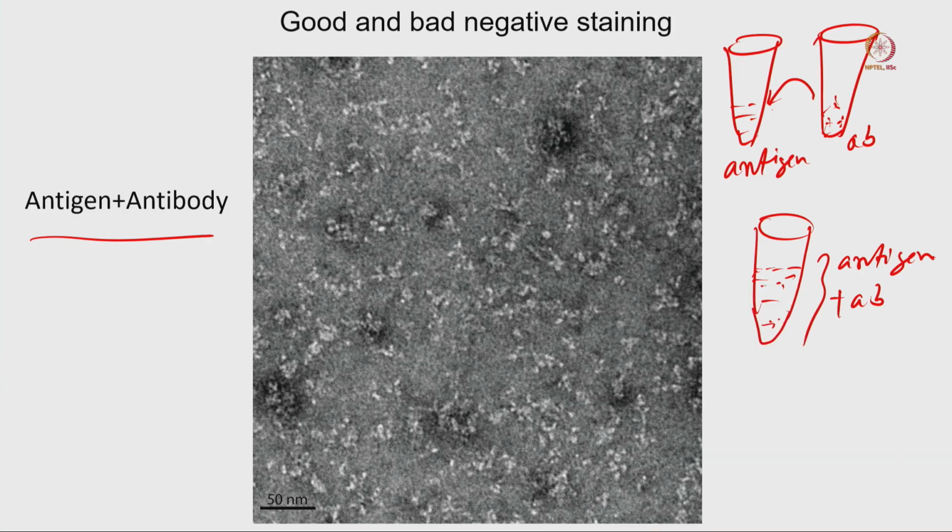Now look at this: we prepared this sample in this way, and then we try to image it. When we image this one, we can see there are lots of protein particles. Those whites are the protein sample here. In this case you can see a lot of protein sample, and some look like that.